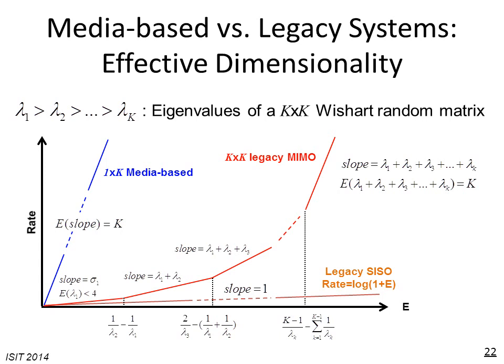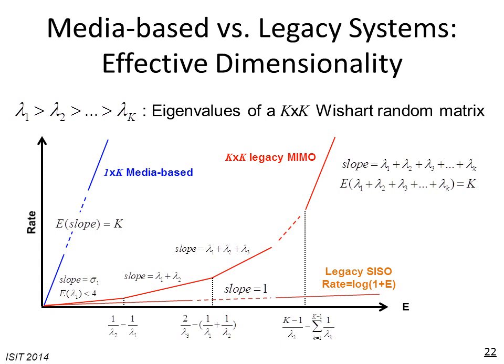And gradually we occupy more and more dimensions. Eventually we will reach a situation that all the K dimensions are occupied, and at that point we reach a slope of K for the legacy MIMO in increasing of rate versus energy.